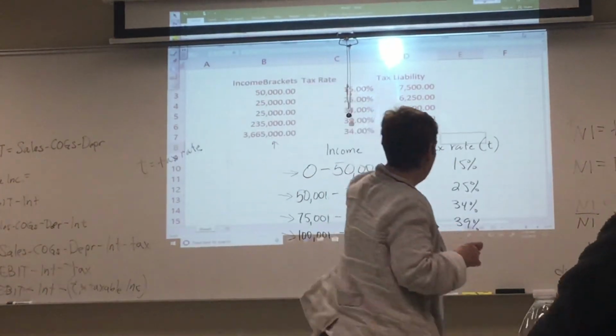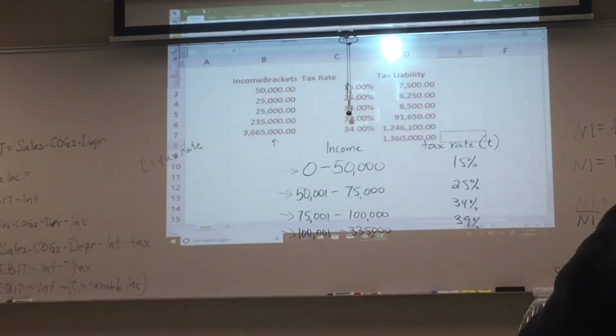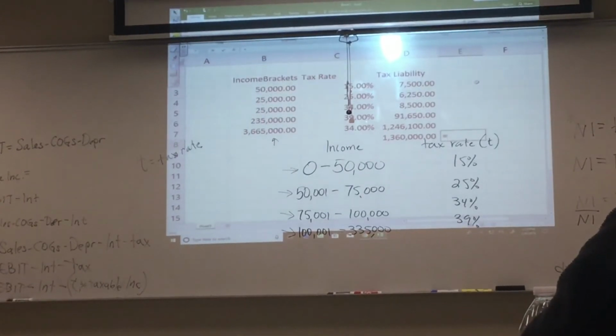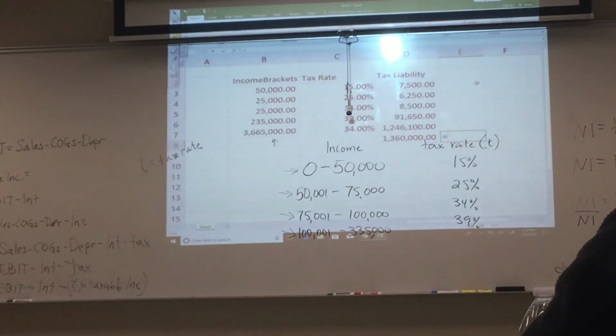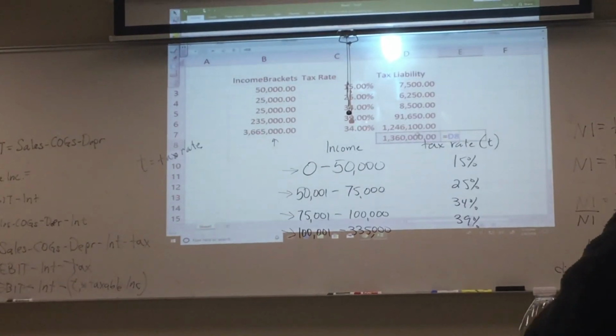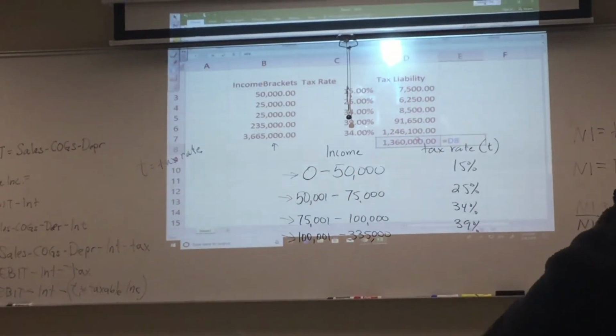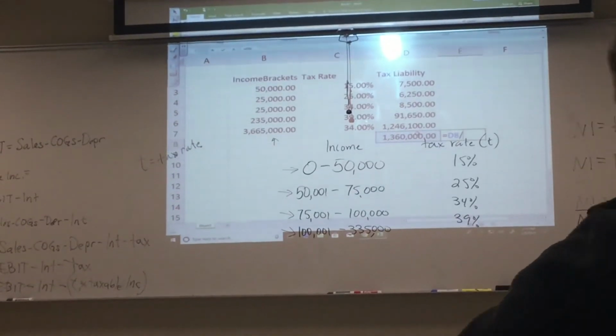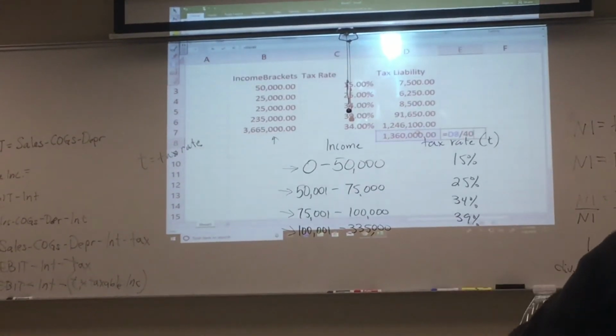Now, we have paid $1,360,000 in tax. So to get my average tax rate, I'm gonna take my tax bill and divide it by my taxable income. So my tax bill, I'm gonna cell reference here, $1,360,000. I'm gonna divide it by $4 million. And that's gonna give me my average tax rate.